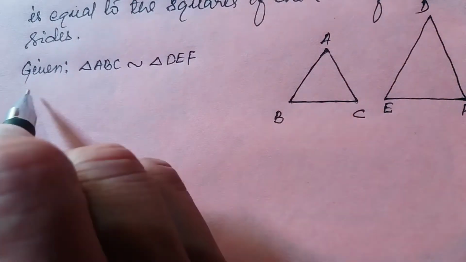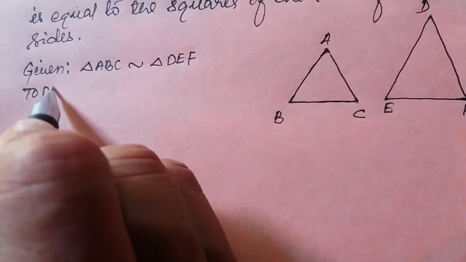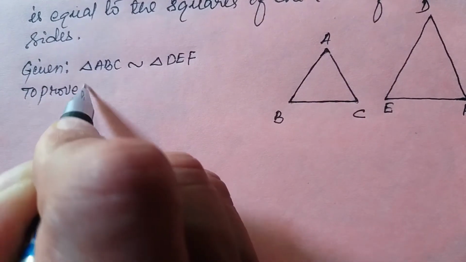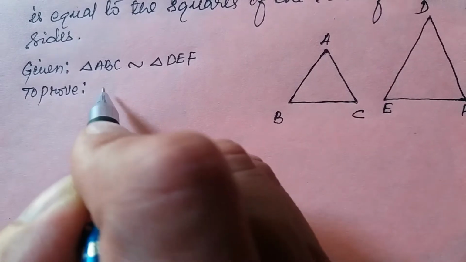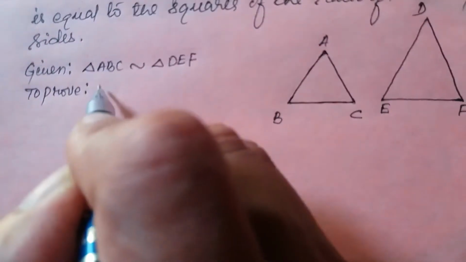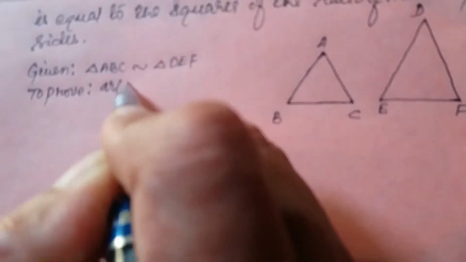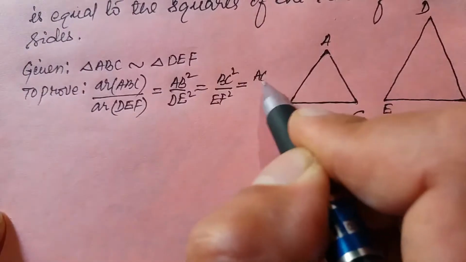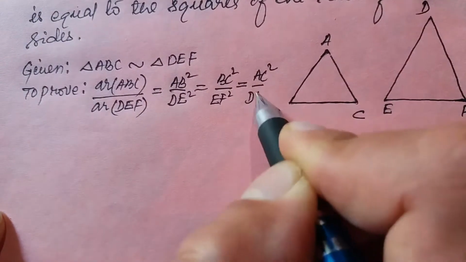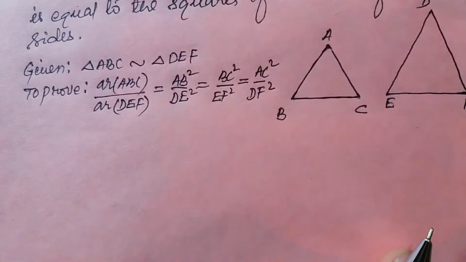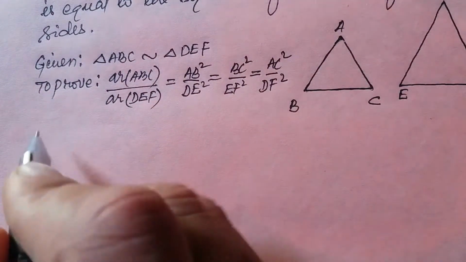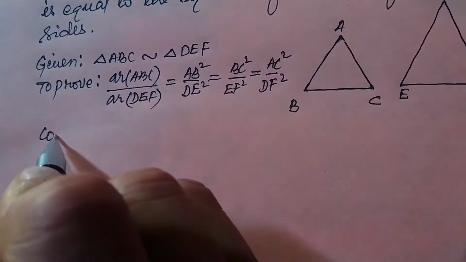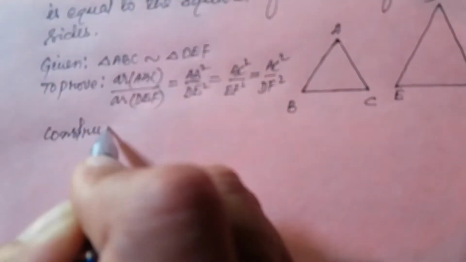And now what we have to prove is that the ratio of the areas of these two triangles, that is area of triangle ABC by area of triangle DEF, is equal to AB square by DE square, which is equal to BC square by EF square, and AC square by DF square. Now to prove this we need a construction, so we'll write here construction.